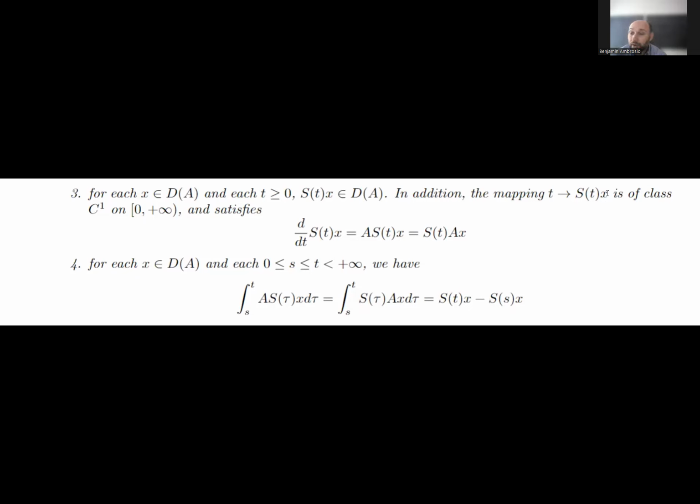And in this case, S(t)x is of class C1, and you have this formula, well known for ordinary differential equations, that when you take the derivative with respect to t of the semigroup, it's A S(t) x, and we will see by computation that this is equal to S(t) A x. And finally, you have this formula, which results from point 3, in fact, and you just see, since it's C1, this holds. So we are going to prove this theorem.